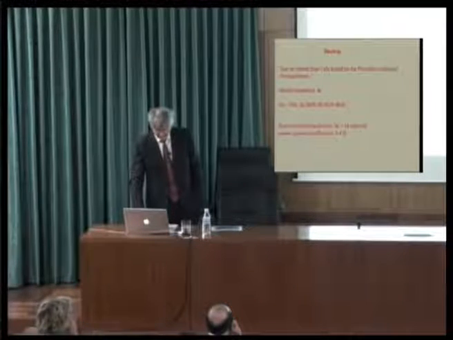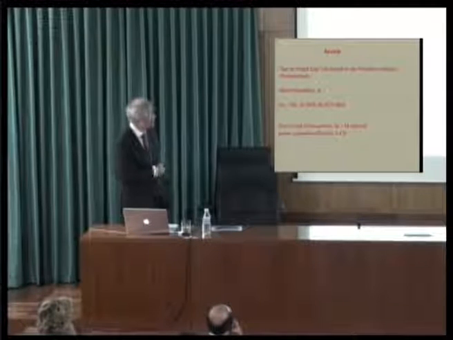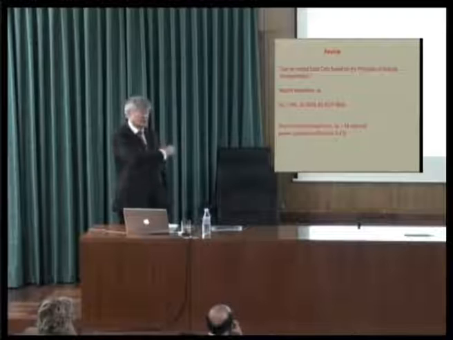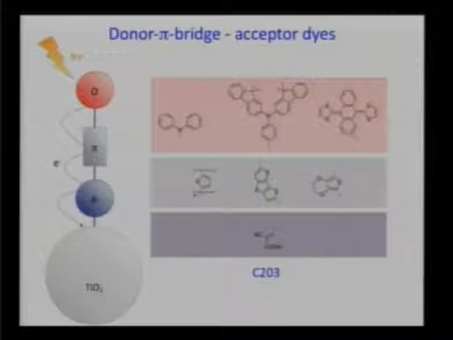light to current. And there's actually a Japanese scientist who followed that up. It's this old work, but he just wrote a review, and he now is up to 5.4% just with those molecules. The natural molecule is 14 milliamps per square centimeter.